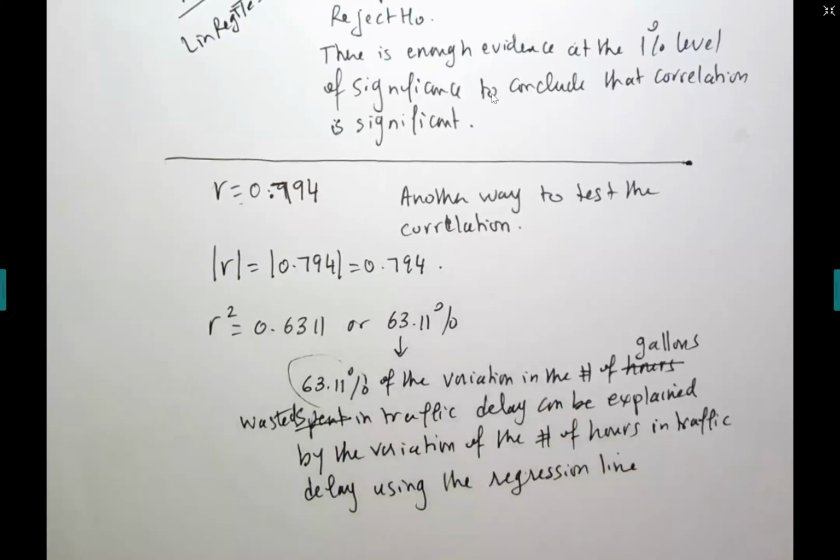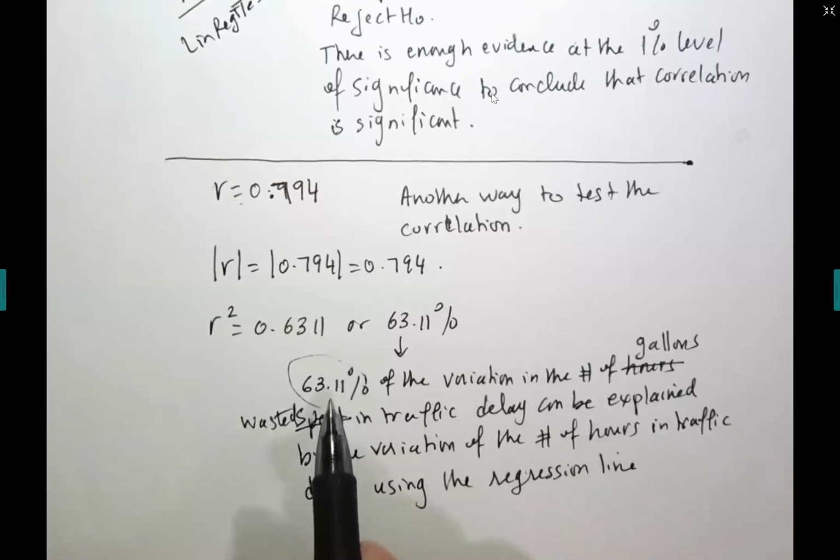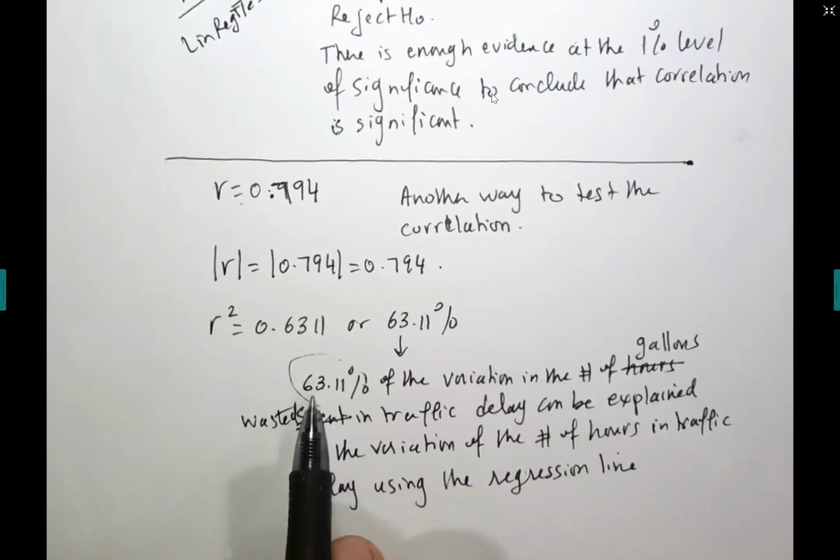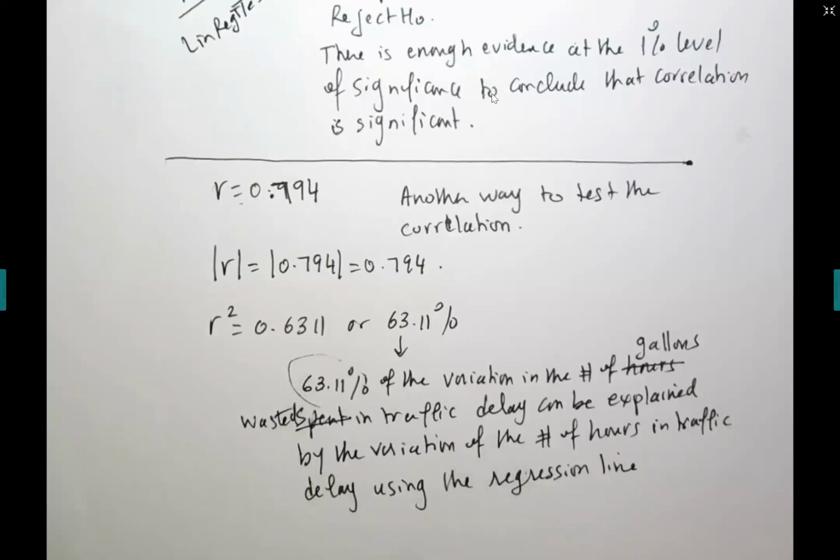But there are some hidden factors which you guys are very good at sharing some of them with me here that cannot be explained with what we're doing. That's what R squared will tell us about what's being explained, which is the 63%. But there is another 37% that are not explained by the regression line. Okay.